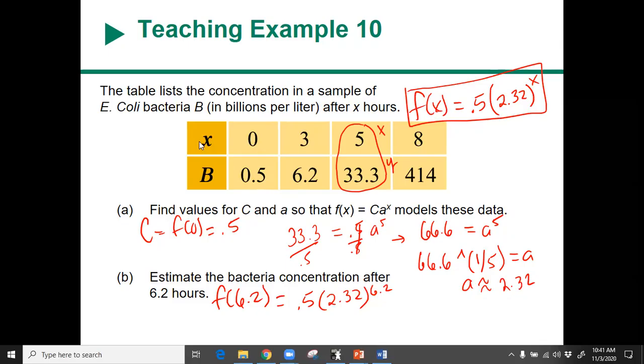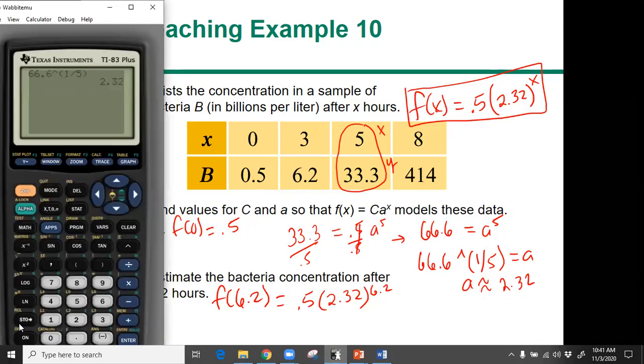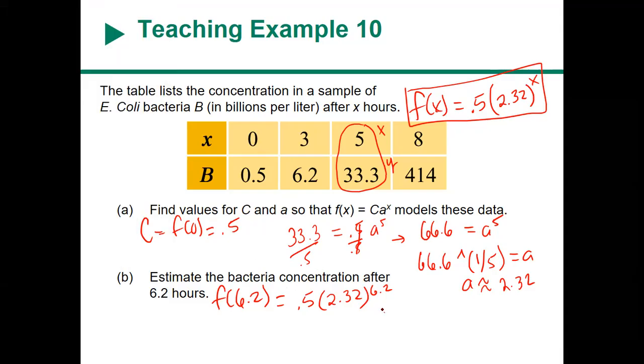I wish my calculator would just stay on the screen, but it doesn't. 0.5, 2.32 to the 6.2. Hit enter, and I get 92.26. 92.26 billions per liter.